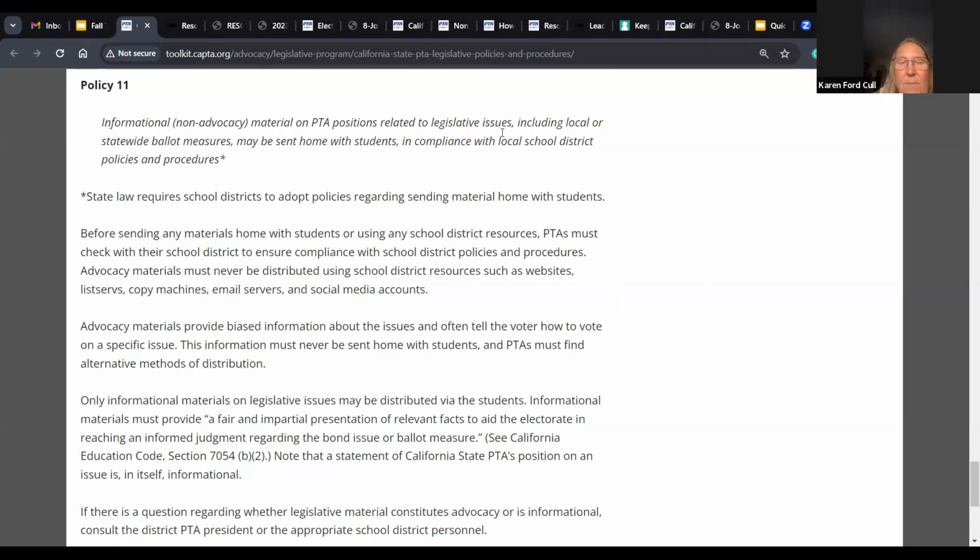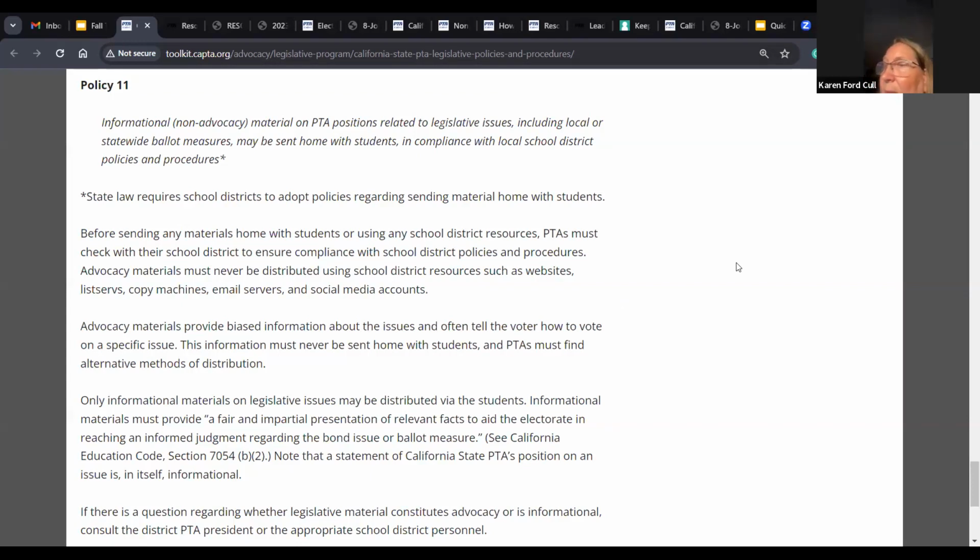So policy number 11: it's important that if we have materials, and this would also apply to something electronic like a newsletter, we don't use school district resources when we're advocating on a position related to a legislative issue.